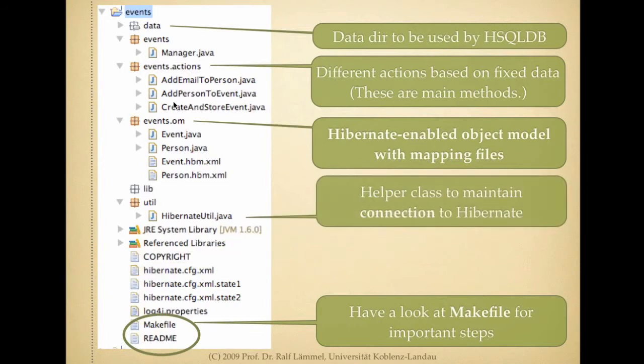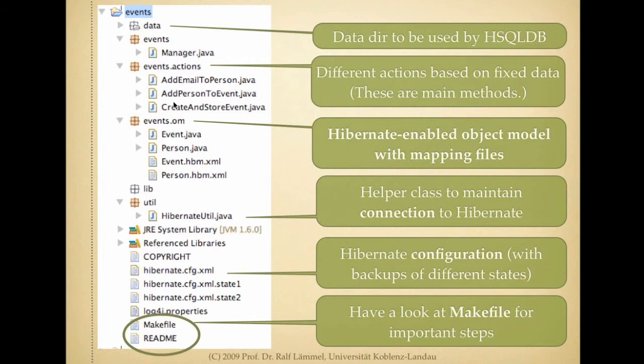Then we also have a helper class, which helps us to maintain a connection to Hibernate. And we have the Hibernate configuration, which is a file that basically tells Hibernate what database to use and what mapping files to look for. We also have, as you see here, two kinds of backups for this file because we want to run the application in different ways. Yeah, that's it.